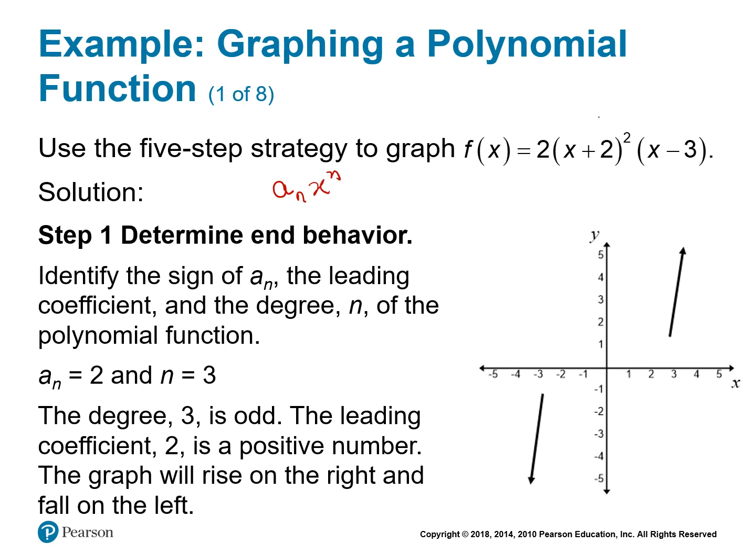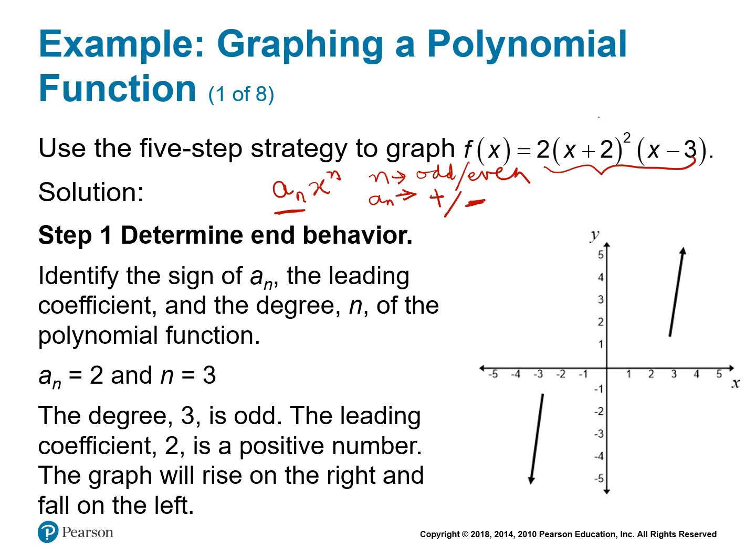So we had to look at n and determine if it's odd or even, and based on that we would go to the next step of checking the sign that goes with the leading coefficient a sub n. After we determine whether n is odd or even, we will check if a sub n is a positive or a negative quantity. Now, what is n?